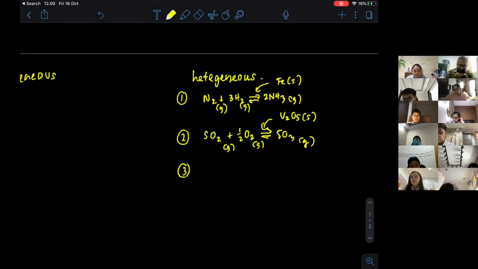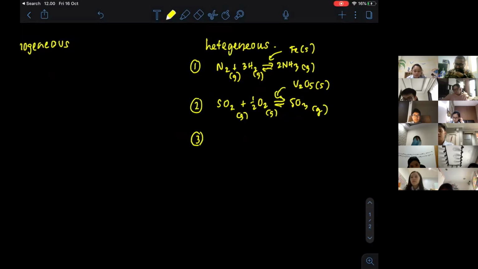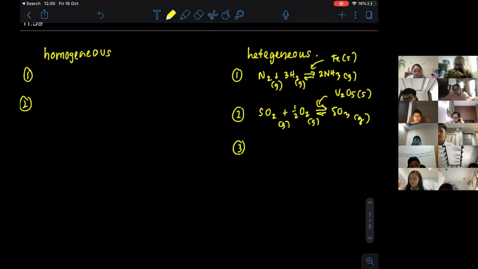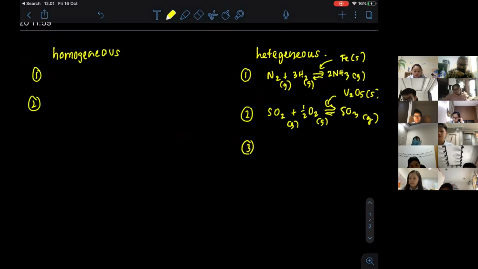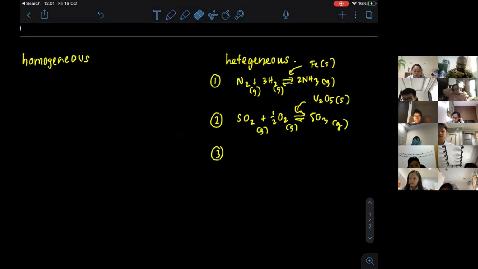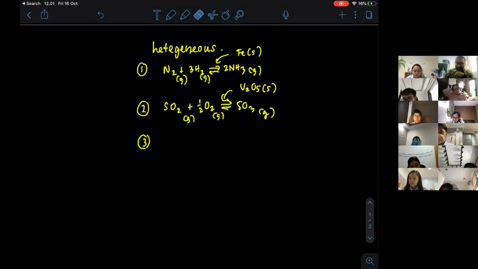I think there was another one that I mentioned as well under heterogeneous. It was inside the slide just now. Can you recall? Forget it.